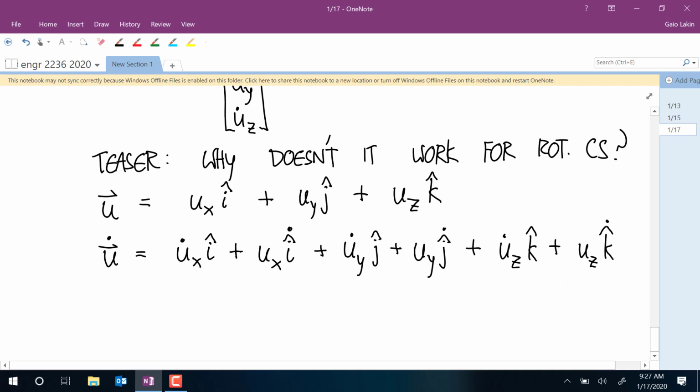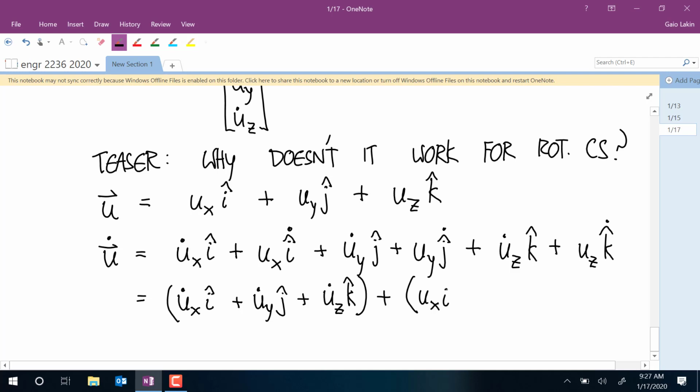Okay, and so let me group these. This says ux dot times i plus uy dot times j plus uz dot times k. And then we have another part grouping the rest of the stuff together. That's ux times i dot, plus uy times j dot, plus uz times k dot.